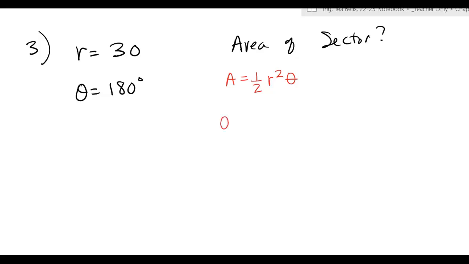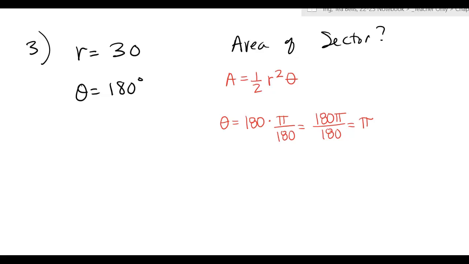So just for fun, let's convert it. Not for fun, we really have to. So we're going to multiply it by pi over 180, which would give us 180 pi over 180, which is still just pi. If you knew that off the top of your head, feel free. You don't have to necessarily show the conversion. You can just put pi if you want to.